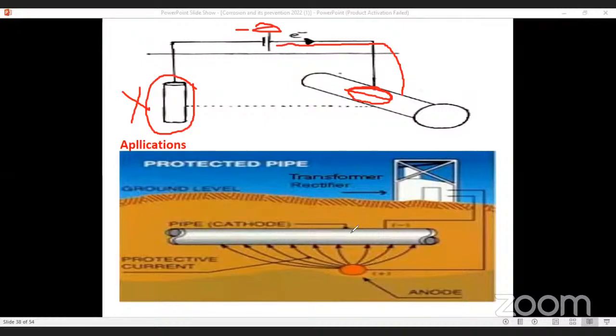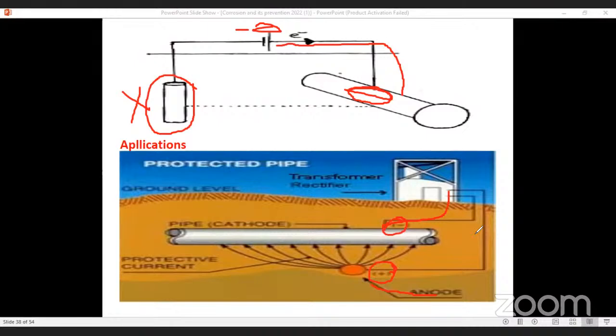Just see here, whenever such connectivity is there, this is the negative pole and this is the positive pole. The positive pole should be connected to the metal to be protected and the negative pole to the inert electrode, which is just a transformer or a reactor, right?